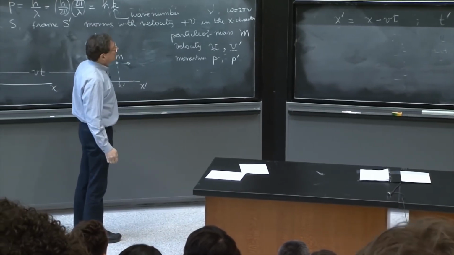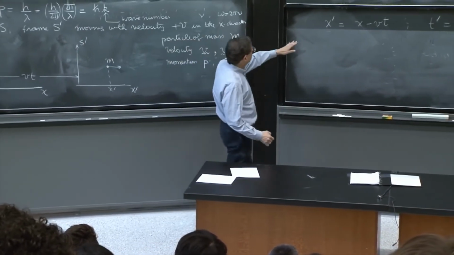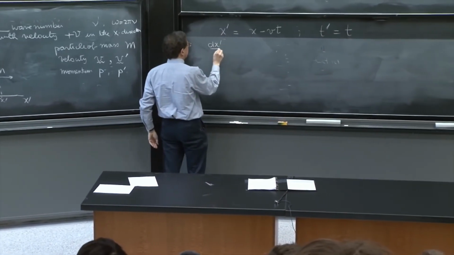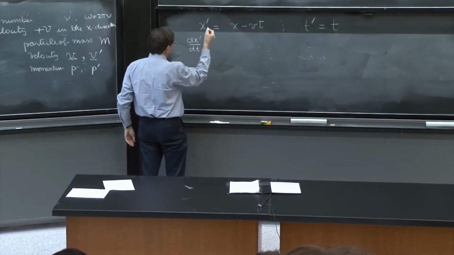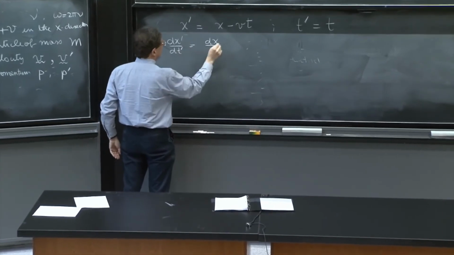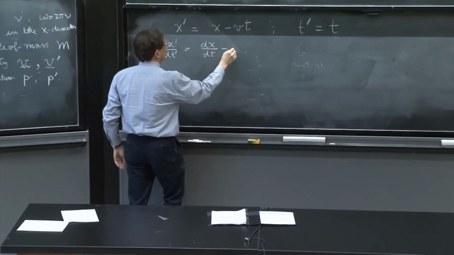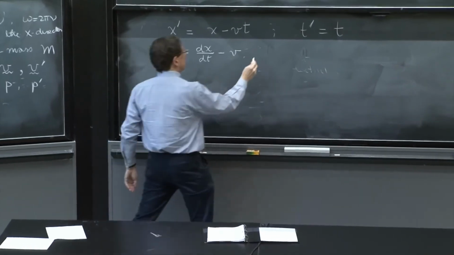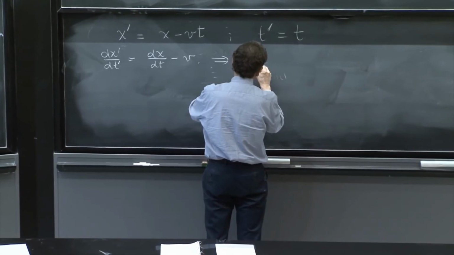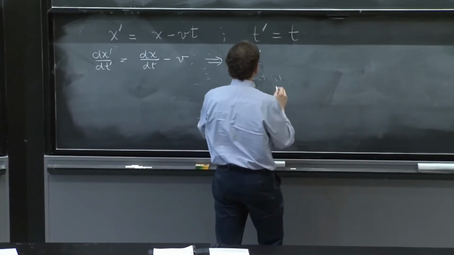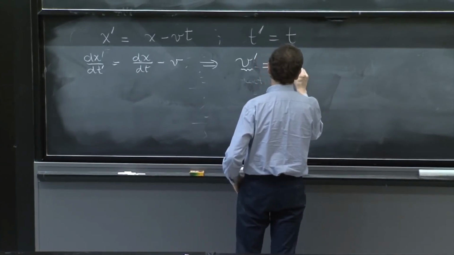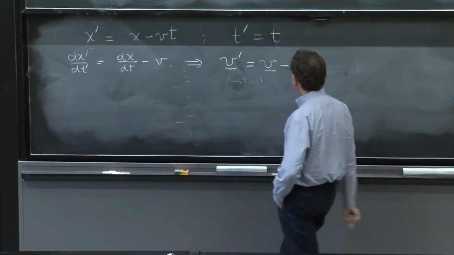So from this, we can take a time derivative talking about the particle. So we have dx prime dt prime, or t is your choice. I guess I should put dt prime here, dx dt minus v, which means that the velocity v prime under bar is equal to v under bar minus little v.